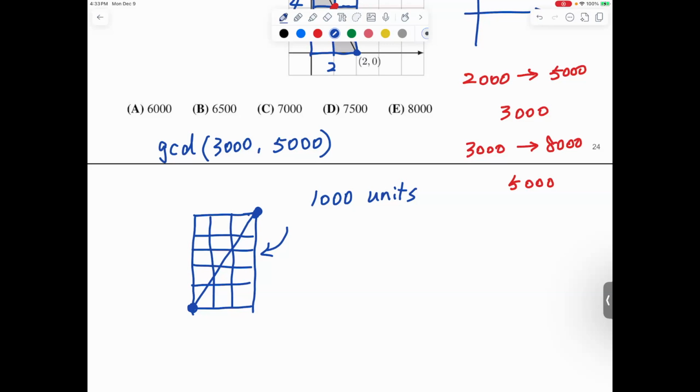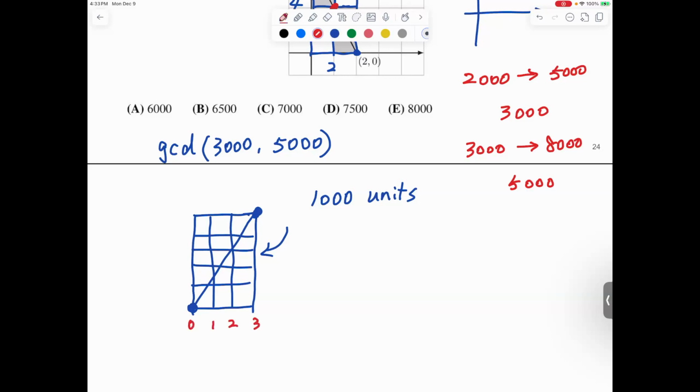Then how many cells will he color for this unit? Within this unit, the segment does not pass any lattice point within the domain except the 2 endpoints. So how do you figure that out? Let's say this is 0, 1, 2, 3.